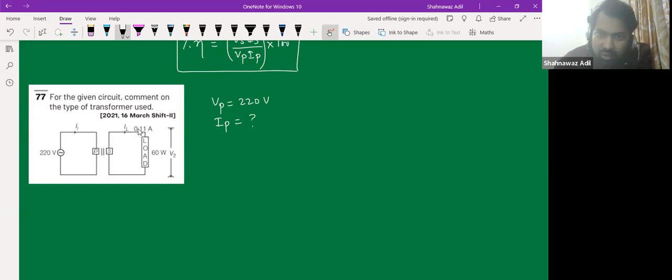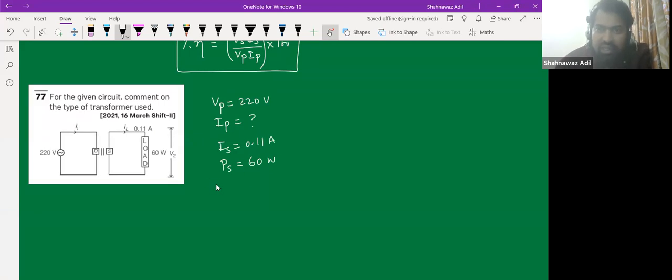And also what is given? The secondary current is 0.11, and the secondary power is given as 60.